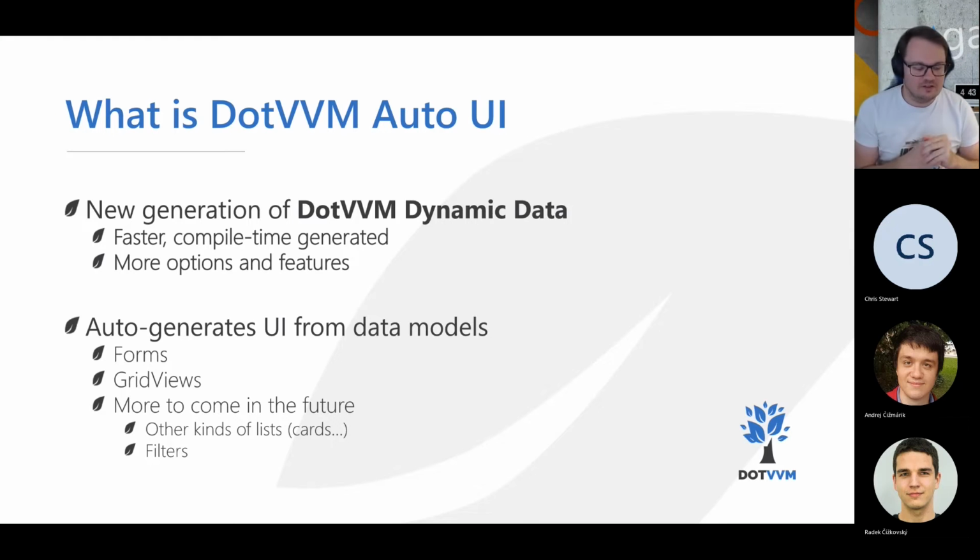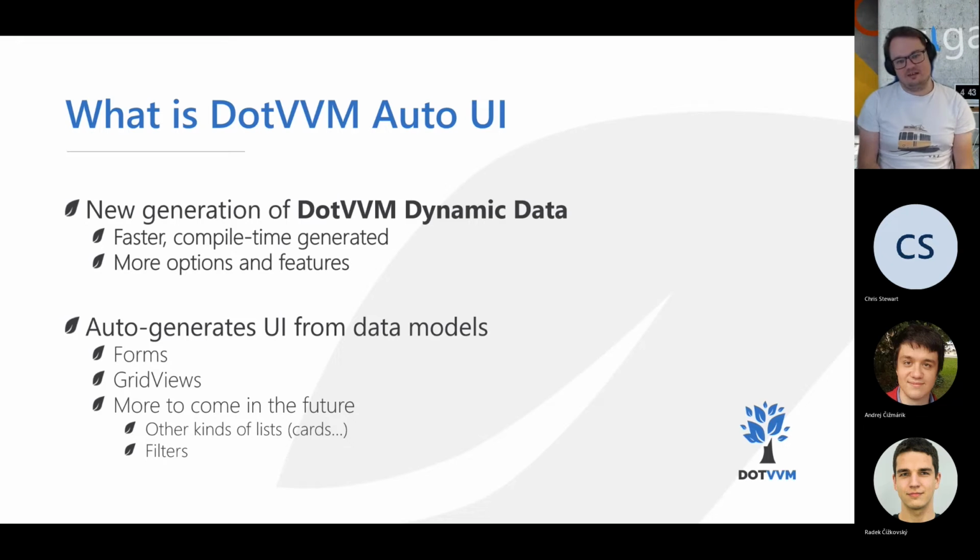So if you imagine that you have a database and generate some C# model using Entity Framework, for example, then you can use these C# models to also define some rules from which the user interface will be generated. And in DotVVM, we had a library called Dynamic Data, which was supporting auto generation of UI, but it had a lot of problems.